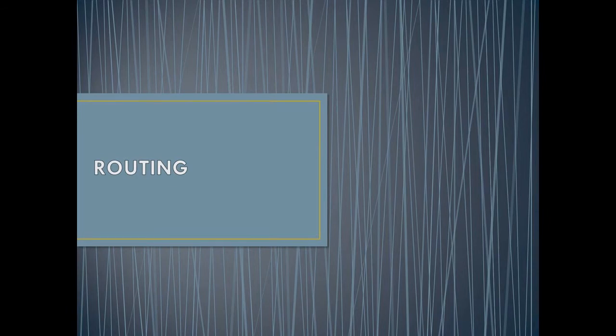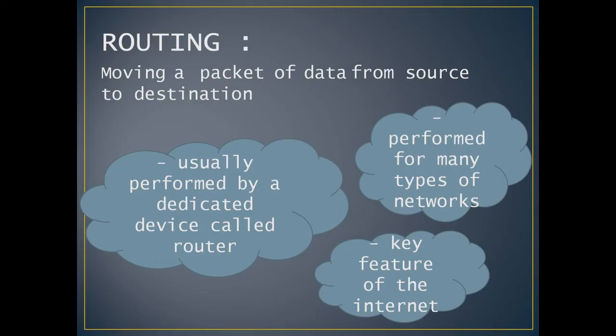What is routing? Most users refer to routing as the Wi-Fi for the internet, as the router. But routing actually means moving a packet of data from a source to a destination.